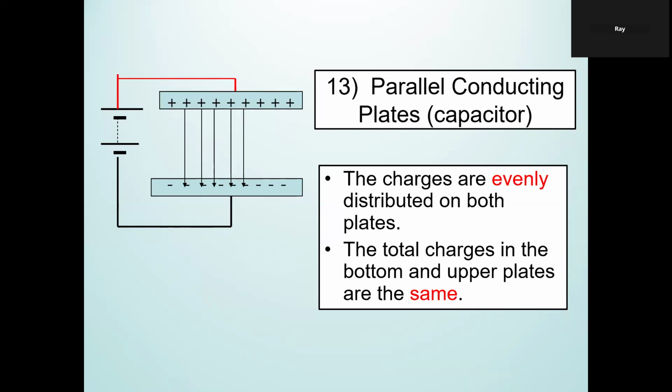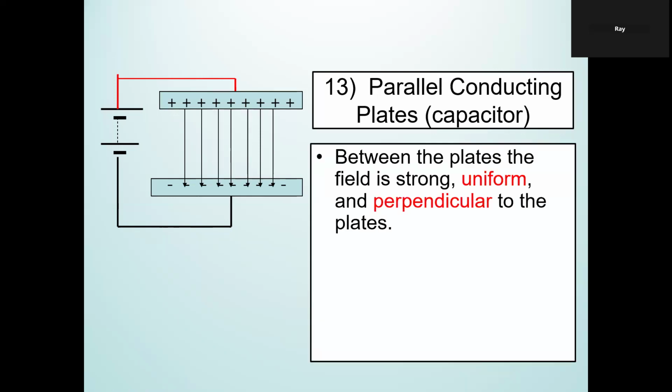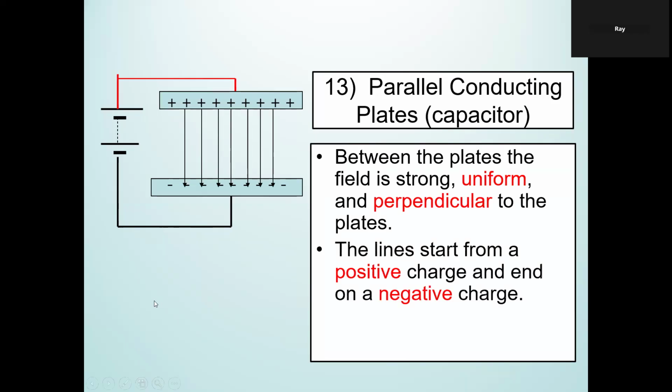So they are parallel and evenly spaced. So the field is uniform. Between the plates, the field is strong, uniform, and perpendicular to the plates. The lines start from positive charge and end on a negative charge. The lines are evenly spaced. Keep that in mind.